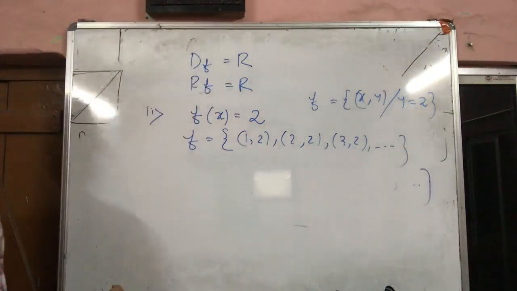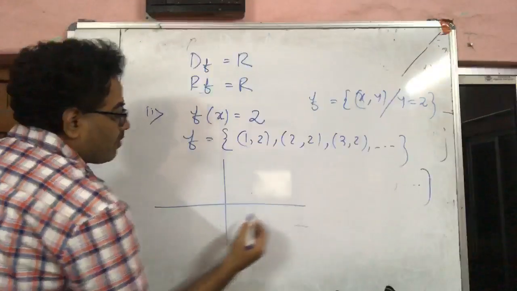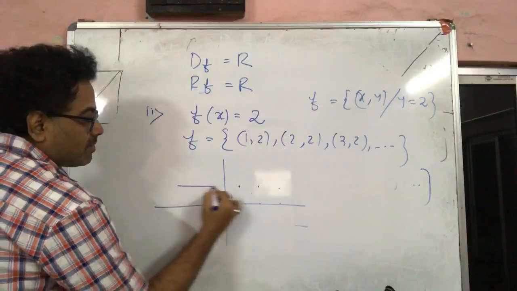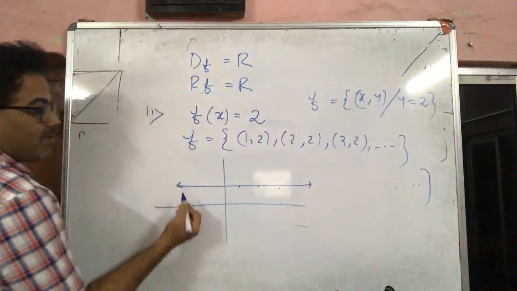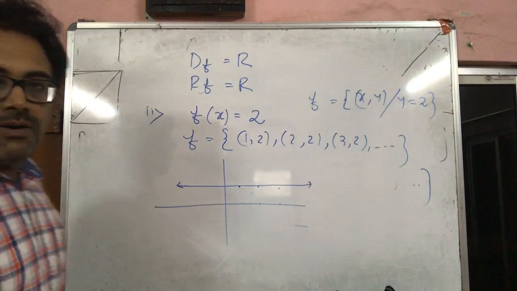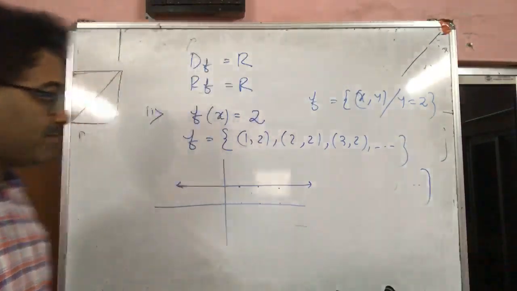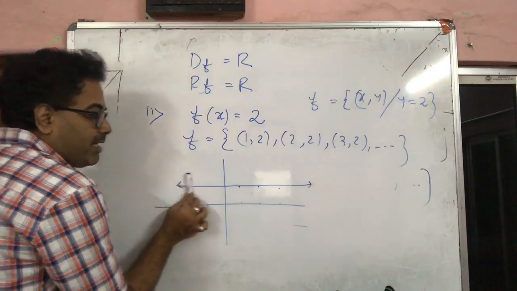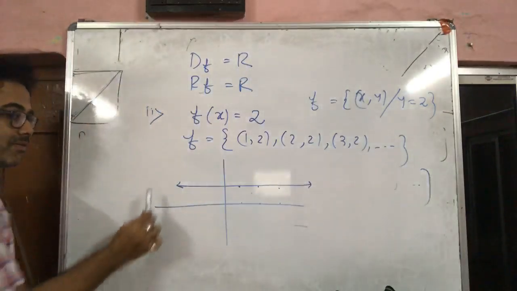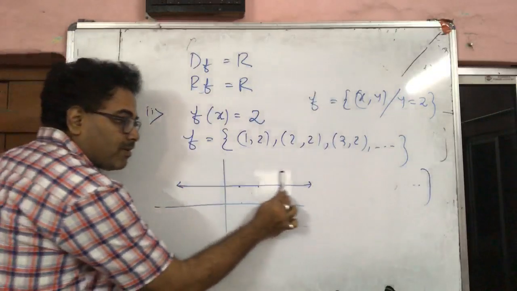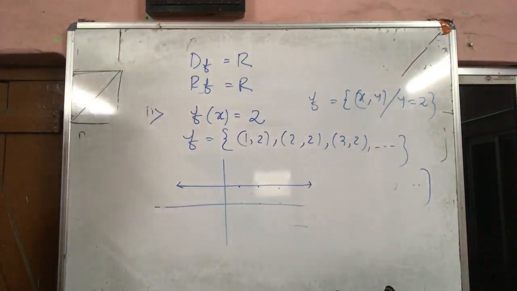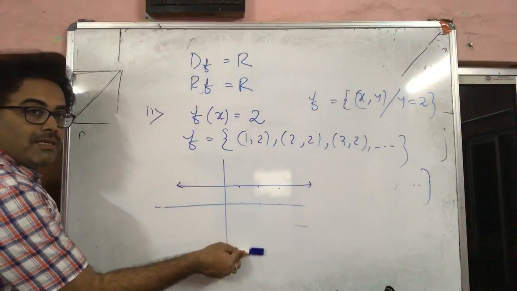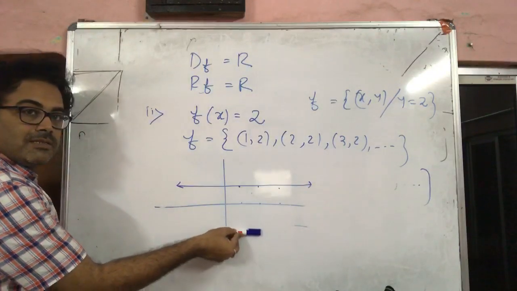Okay. So drawing the graph: 1, 2; 2, 2; 3, 2. So this is the graph of the function. All values of x are allowed. So from left to right, all values of x are allowed. Okay. Now vertically, no touch.